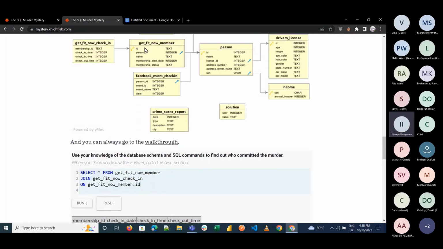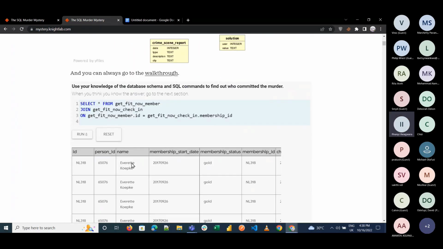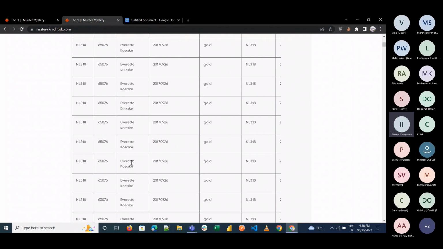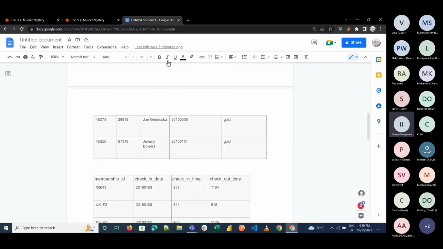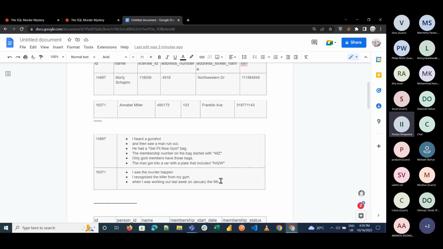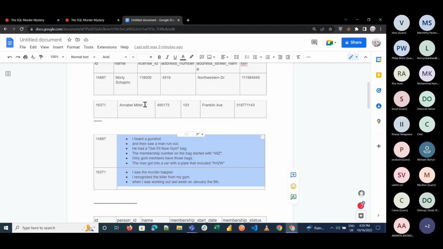In Get Fit Now, the column is called ID, so where the Get Fit Now ID is equal to the check-in membership ID. Where these two match, we run our table. But we get a very large list of results, so now we have to take in the clues to filter out those who are not the criminal.